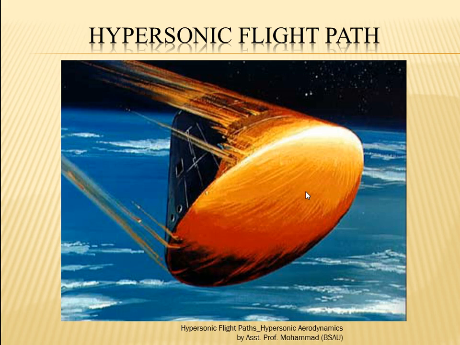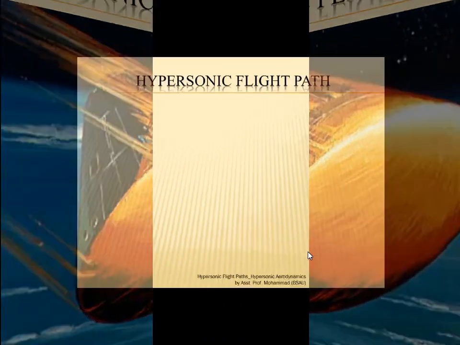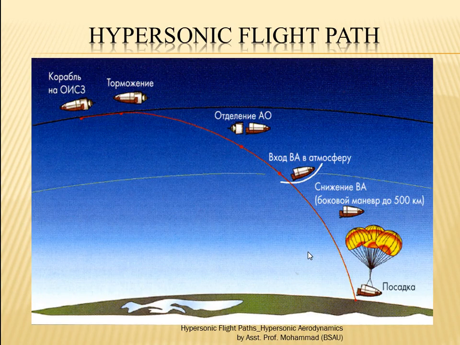Finally, it has to land with a parachute, and a parachute cannot be deployed at such a high velocity and such a high altitude. So the ballistic impact is used to slow down the vehicle. This type of entry falls under the category of ballistic entry. Next, there is another vehicle which is just fired from here, and then finally it starts landing.